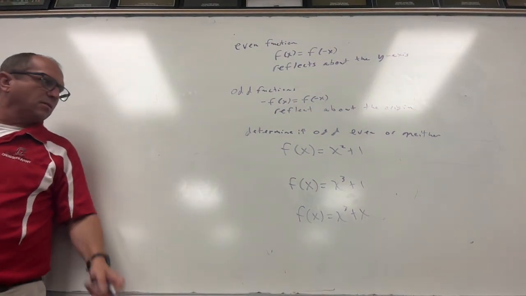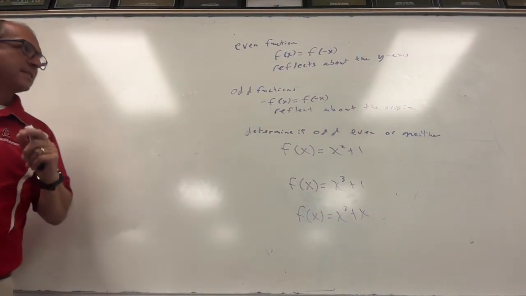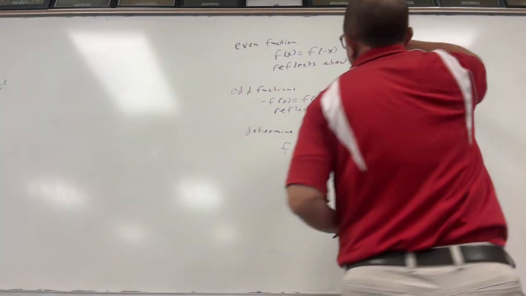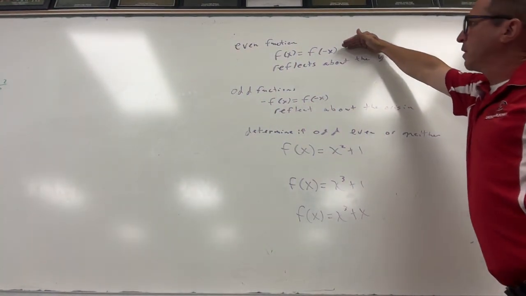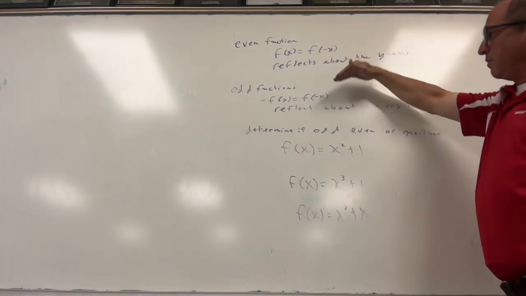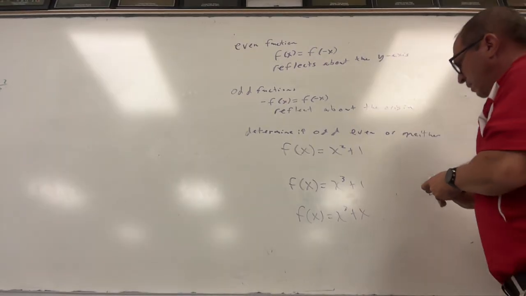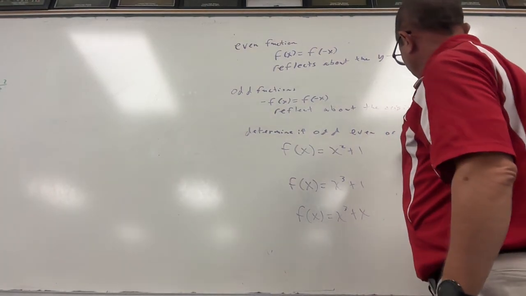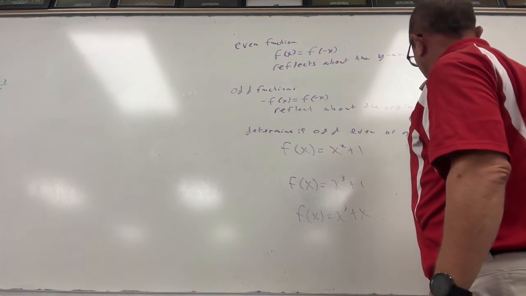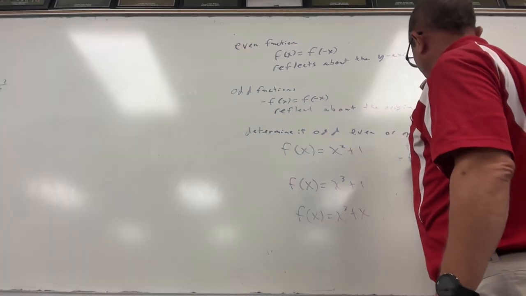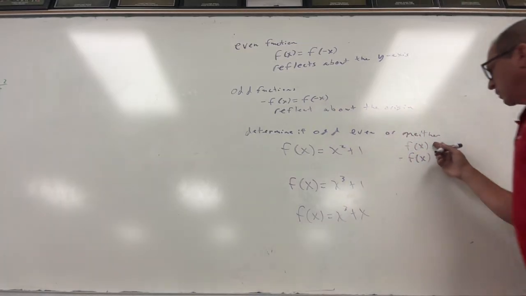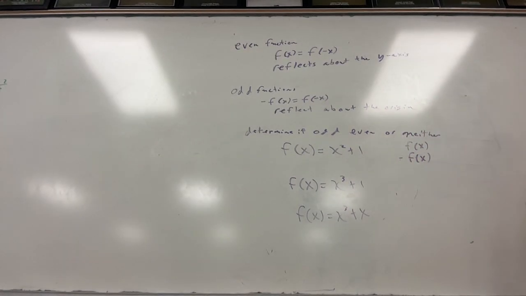All right, so starting with x squared plus 1. Now I said we're going to use this checklist to see whether your function is odd, even, or neither. So I'm going to basically solve f of x, the negative of f of x, which is very easy. Once you solve f of x, you just take the negative of it.